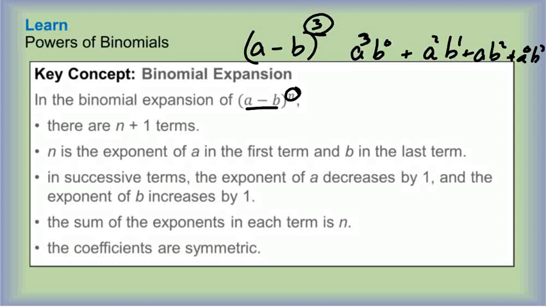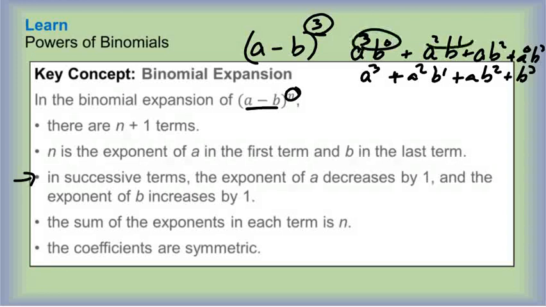If I were to simplify it, this is a cubed plus a squared b to the first plus a b squared plus b cubed, because a to the 0 power is just 1, so it would be 1 times b cubed. The sum of the exponents in each term is n, so all of these have to add up to the same number, which is right here.